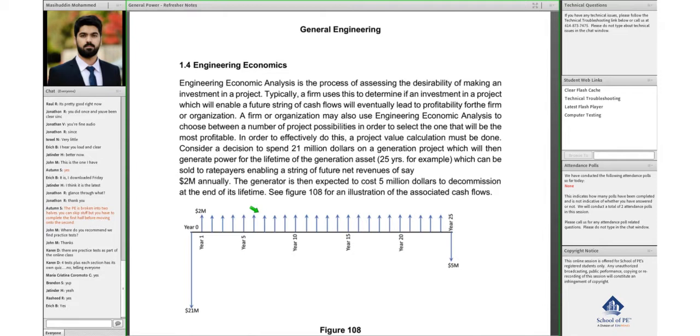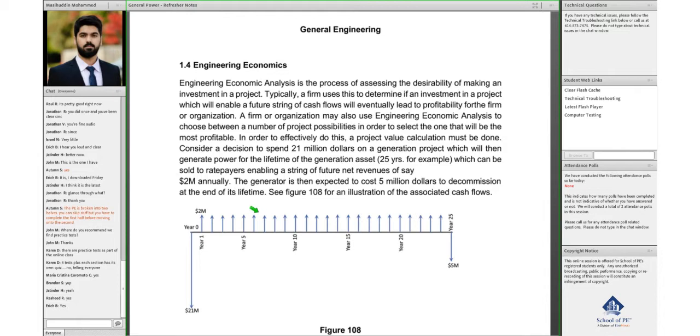What is engineering economics and why does it matter? Other than learning the technical aspect of what we do in engineering, it's also important to know how the business side of things works, especially in this day and age. Every company that we work for or that operates is looking to make profit.